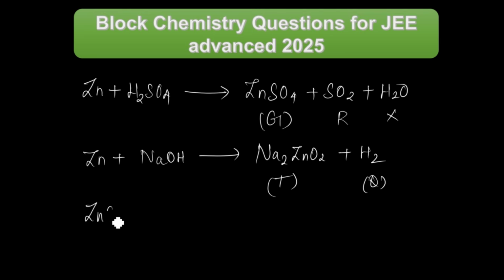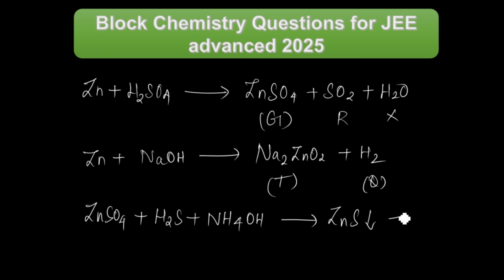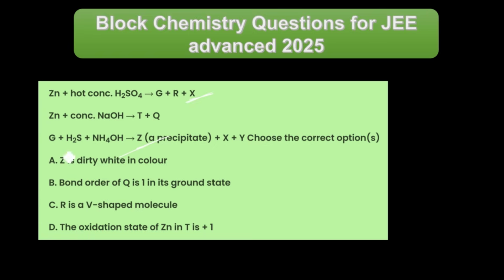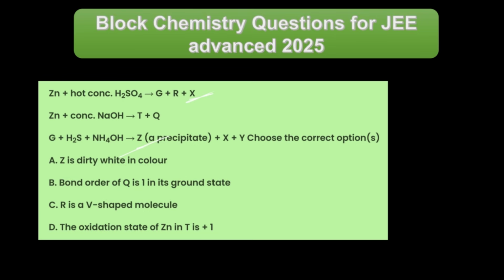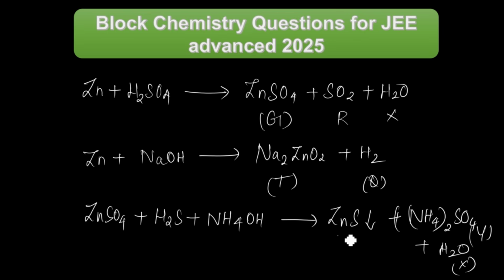G is ZnSO4, with H2S and ammonium hydroxide it produces zinc sulfide, ammonium sulfate and H2O. Here they have mentioned X and Y, so this is Y and this is X. So Z is a precipitate.